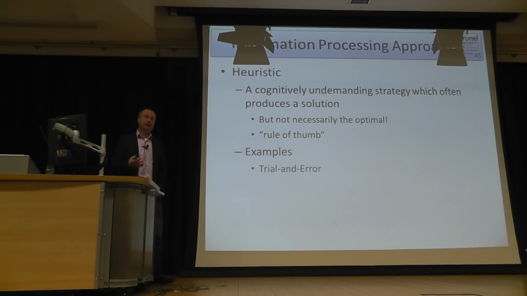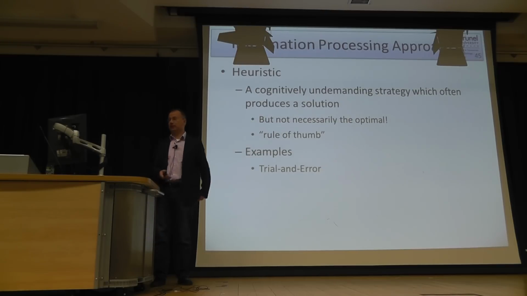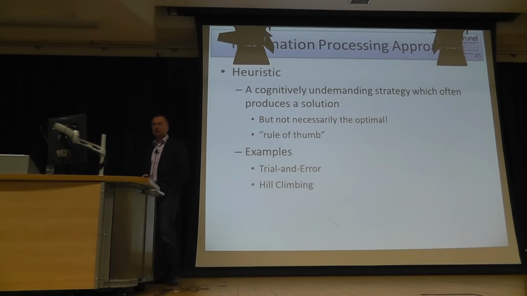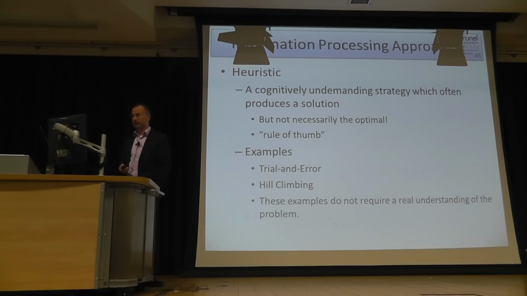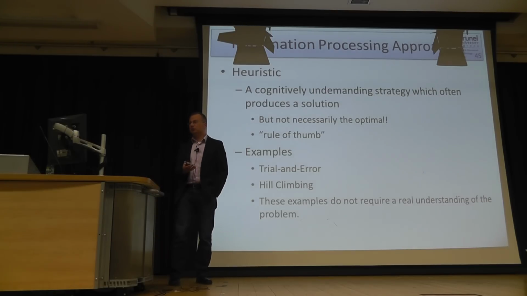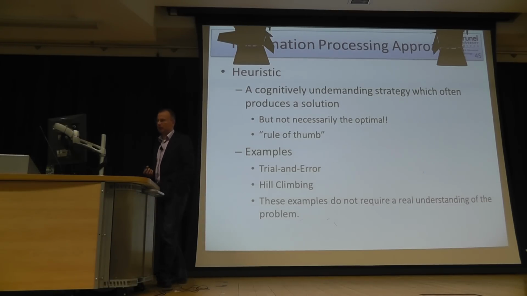Examples are trial and error. That's a heuristic as well. We just try and see whether we find something. Another heuristic we will speak about in a bit more detail is called hill climbing. Very simple and straightforward as well. And these heuristics usually don't require a real understanding of the underlying problem.